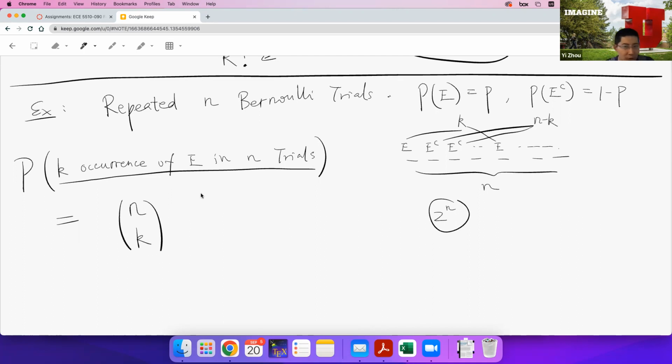Because we don't care about the ordering, the positioning of these occurrences. So this denotes that we have this many outcomes that have exactly K number of E's in it. Okay, so it's basically choosing out of these N positions, I choose K of them and place an E into those K positions.